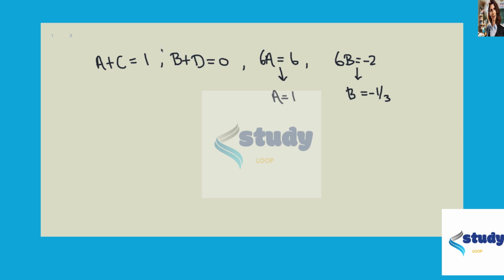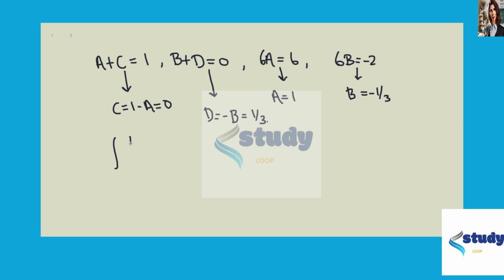And then we can go ahead and plug in our a and b values to solve for c and d. C is 1 minus a, a is 1, so we just get 0 for c. And d equals negative b, which equals 1/3.